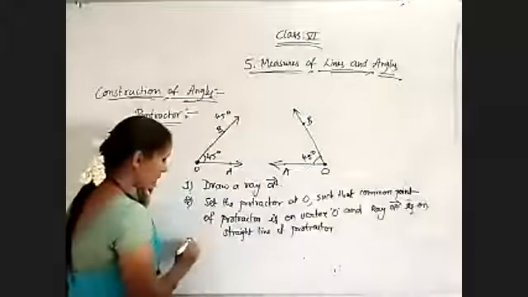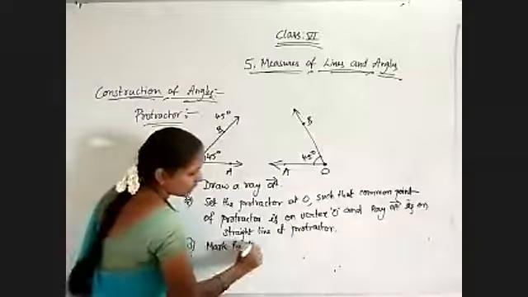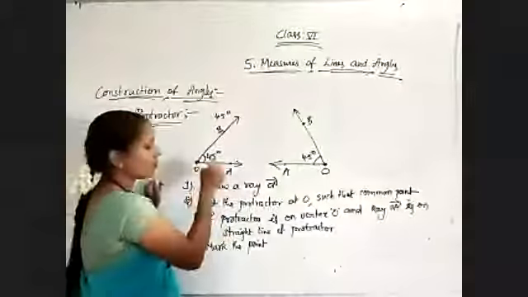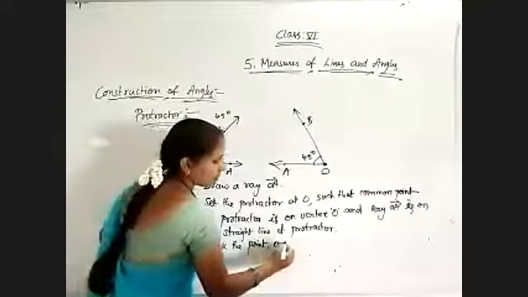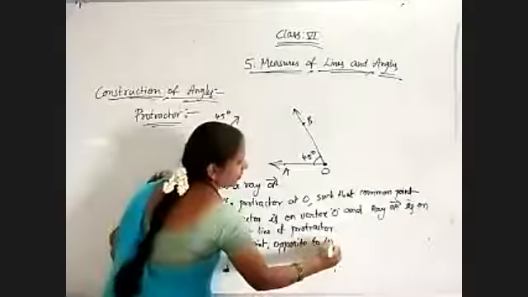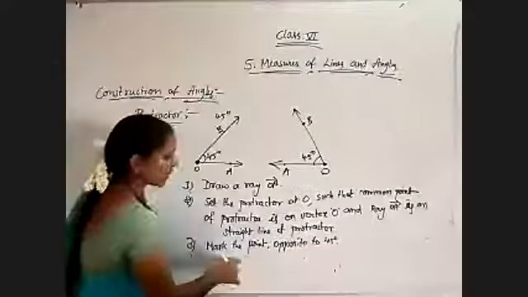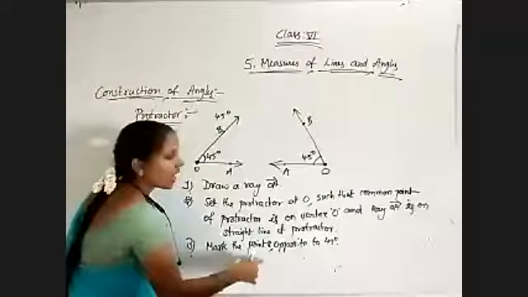Now mark the point opposite to 45 degrees. Here mark the point B. I am marking the point B opposite to 45 degrees.